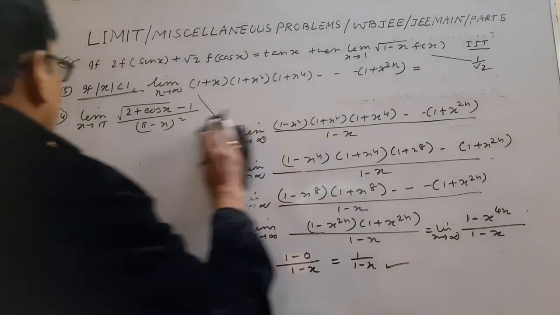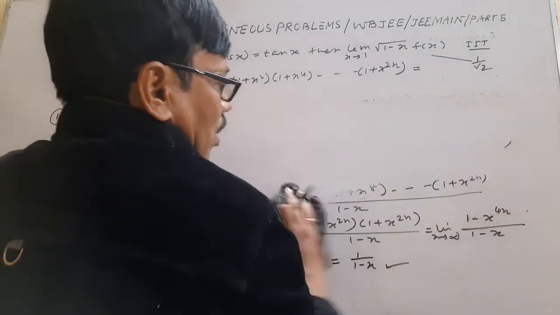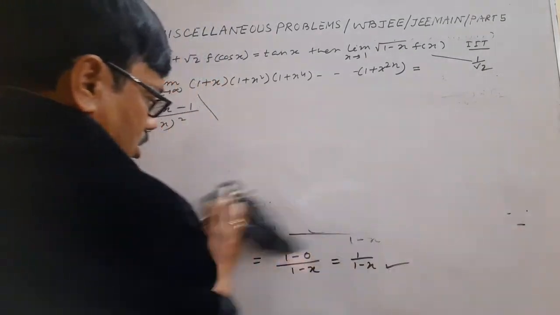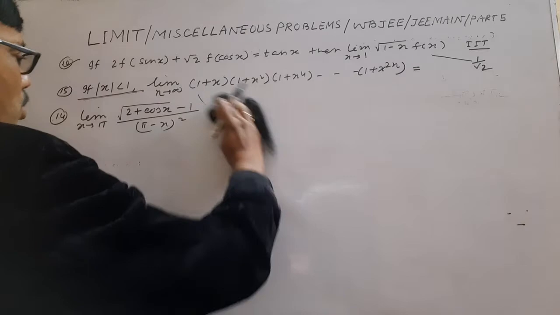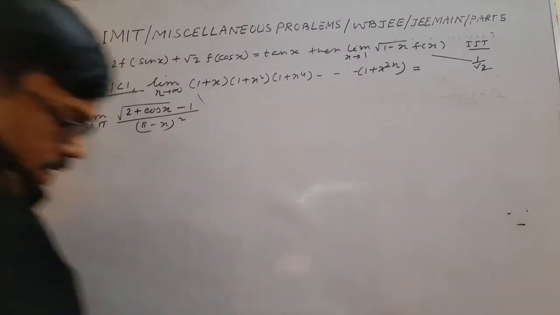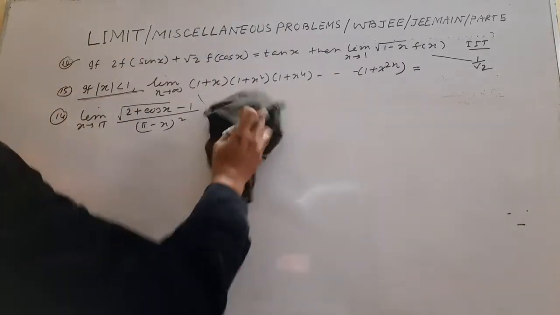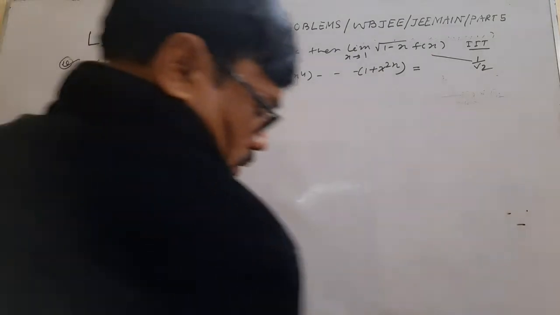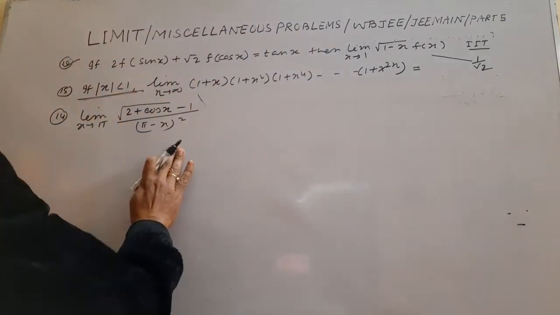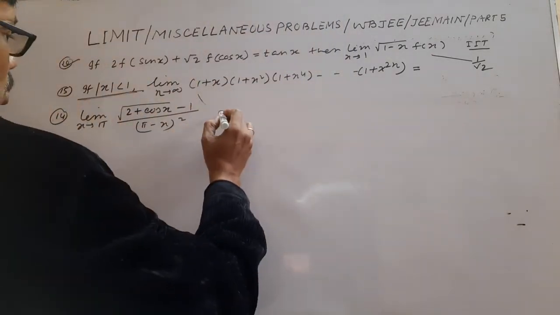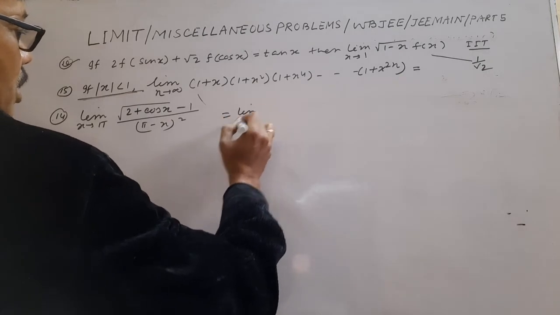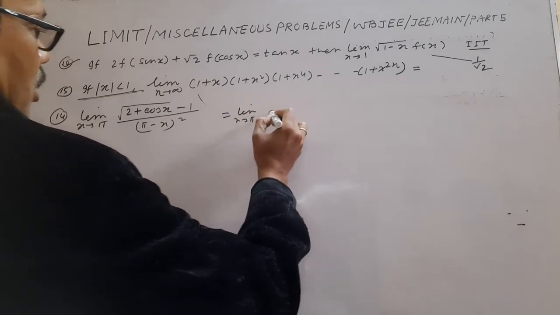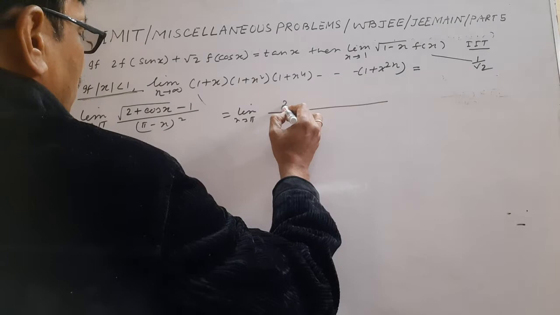Now problem number 14. This is a problem of WBJEE board problems. So look, limit x tends to pi. So rationalize it.